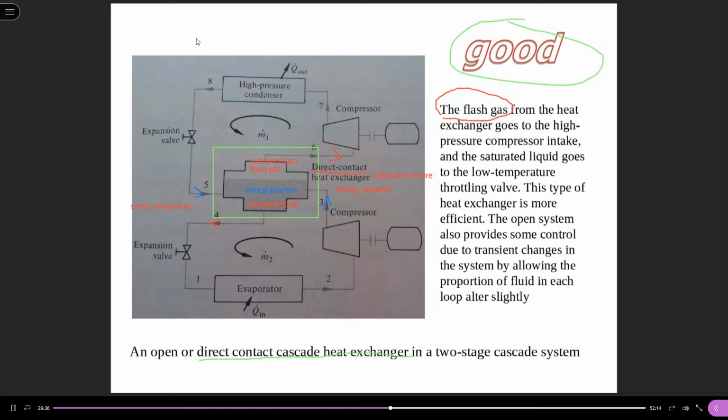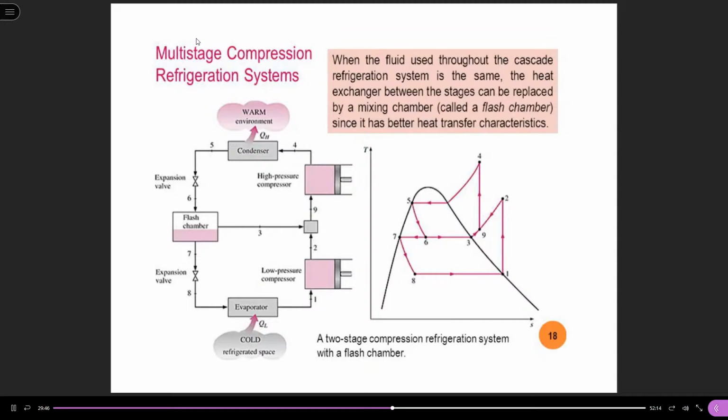So now let's have a look at how we can draw on the temperature entropy diagram and pressure enthalpy diagram. So we can see this heat exchanger; in fact, later we will call it a flash chamber.